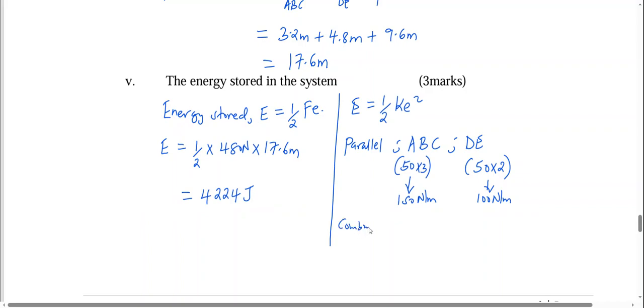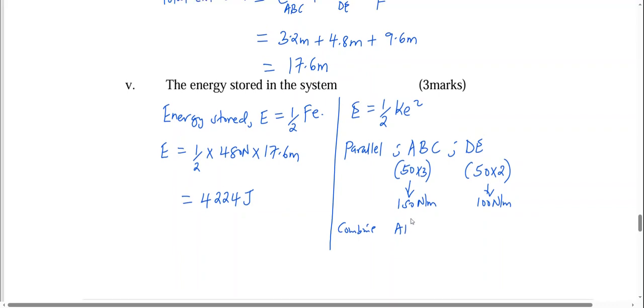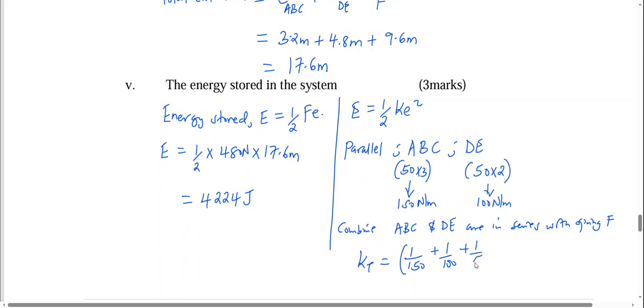And these springs are in series. So combined, A, B, C and D, E are in series with the spring F. Therefore, to get the total extension, that's the total spring constant, K total will be the reciprocal of these: 1 over 150 plus 1 over 100 plus 1 over 50.